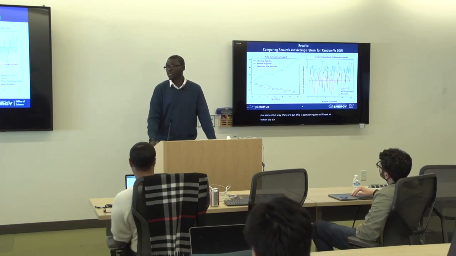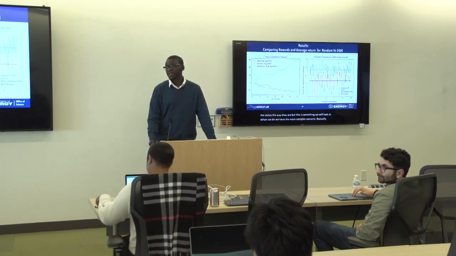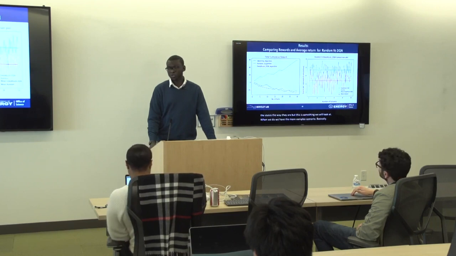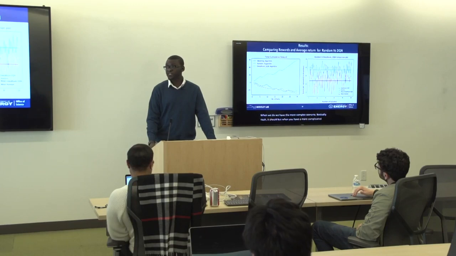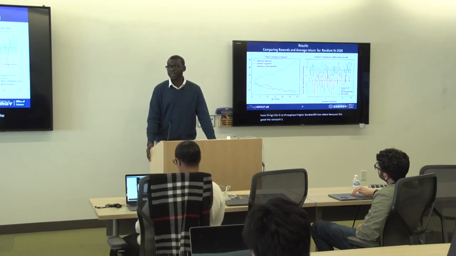This is something we will look at when we have a more complex scenario. But given enough compute time, wouldn't the Q algorithm also eventually reach DQN? Yeah, it should, but when you have a more complicated scenario with things like jitter, throughput, higher and lesser bandwidth, the network is a really dynamic system. Things change within a short period of time.